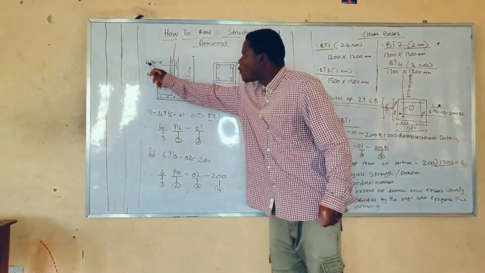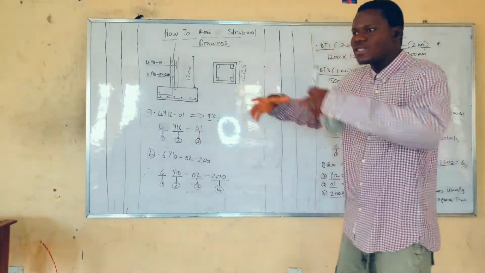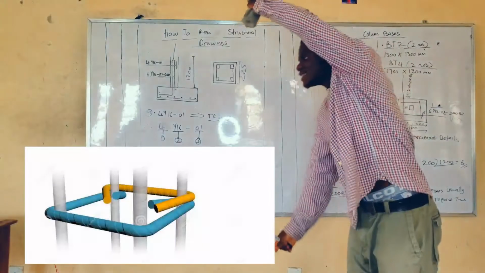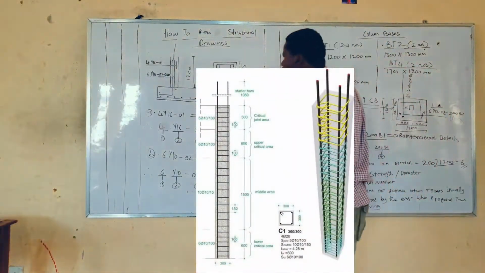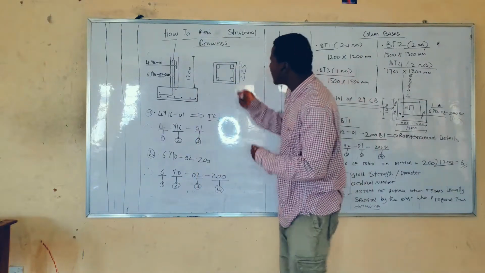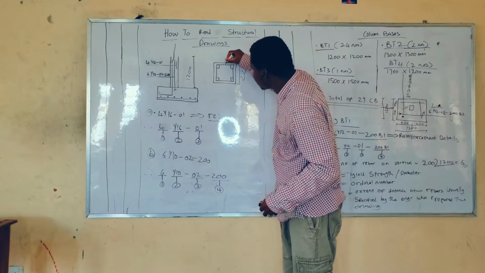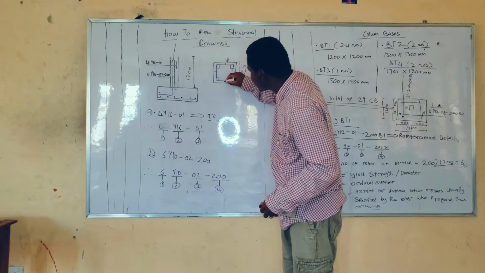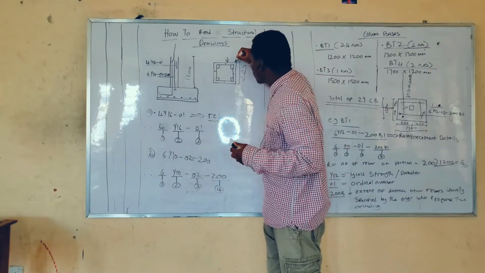You see, these 4y16 bars are vertical, so they need something to hold them together, because if you just put a vertical steel bar, what will happen? Of course, it's going to fall apart. So this is the section. Let's say this right here is the concrete itself, or the column itself.